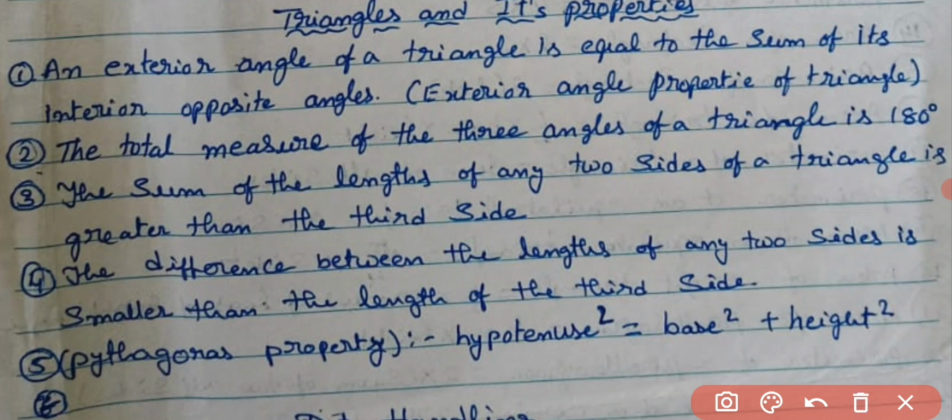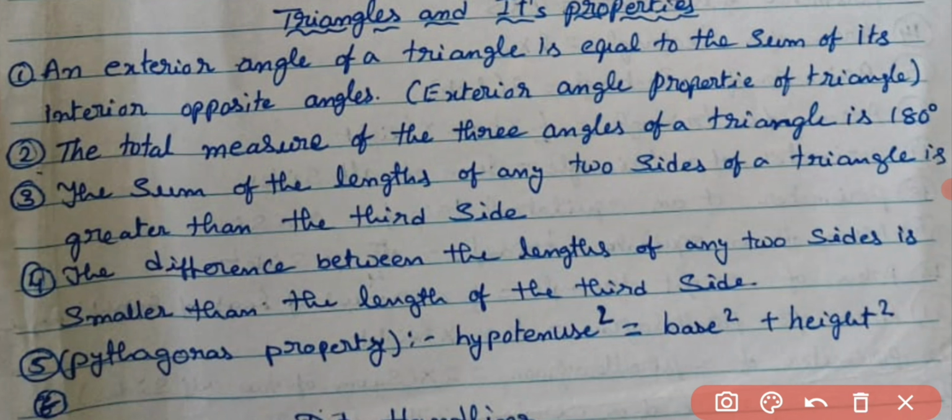Now the fourth property: the difference between the lengths of any two sides is smaller than the length of the third side. This is also used to find out whether given lengths are the sides of a triangle, like the third property.